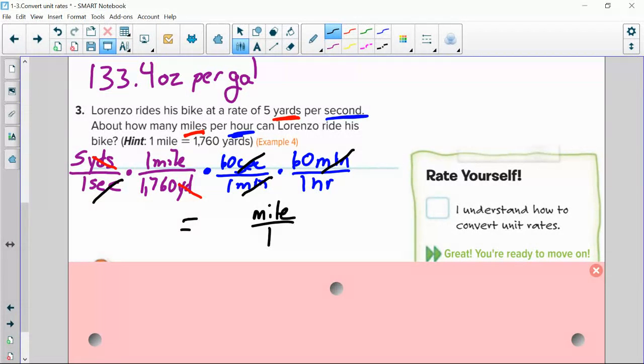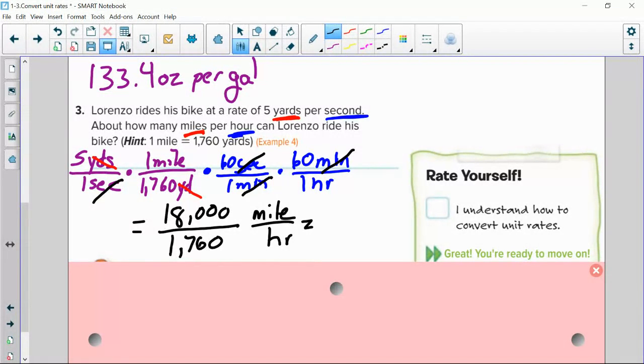Okay, so if I was to multiply this all the way across, we do get 18,000 on top, and we divide that by our 1,760. So what does that really make? A mile over hour.